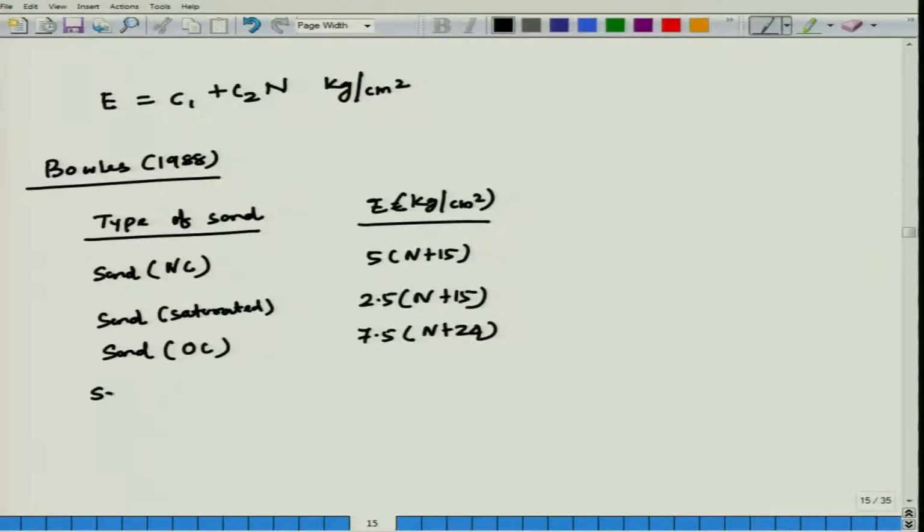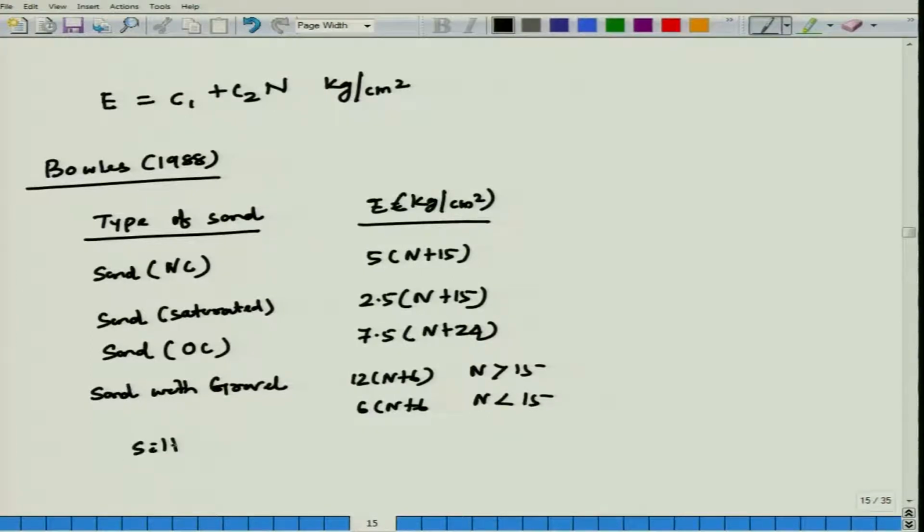Then sand with gravel, this will be 12 N plus 6 for N greater than 15, and 6 N plus 6 for N less than 15.